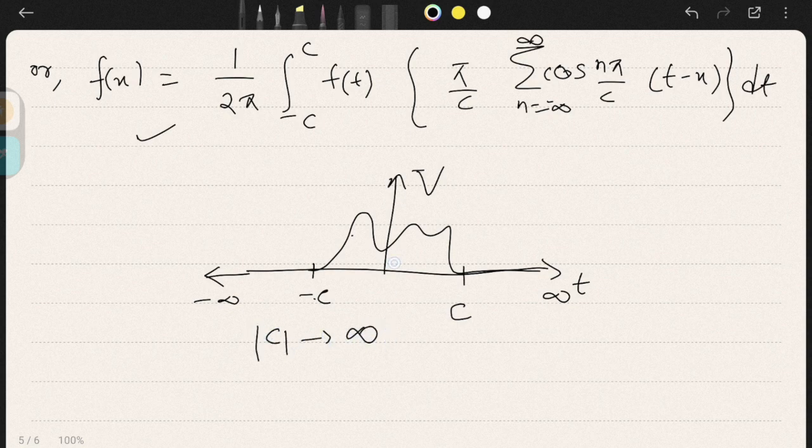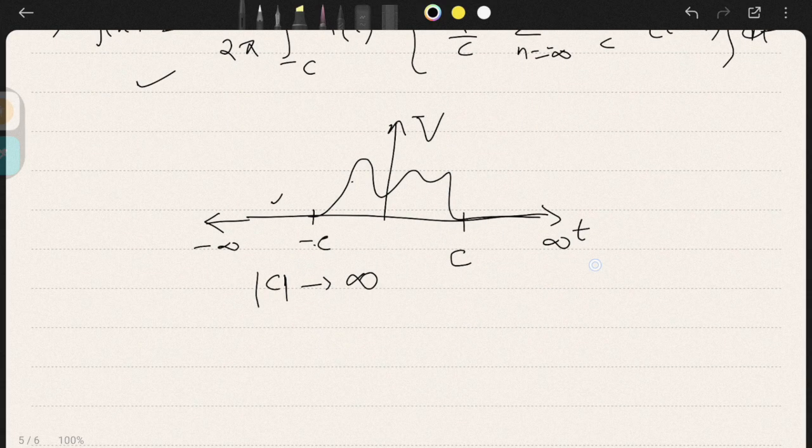The function is already 0 outside, so taking c to infinity doesn't affect the expression, because it's 0 there. If you integrate from minus c to c, you get the same thing as from minus infinity to infinity, because other parts of the time axis don't contribute. So let's make c tend to infinity.